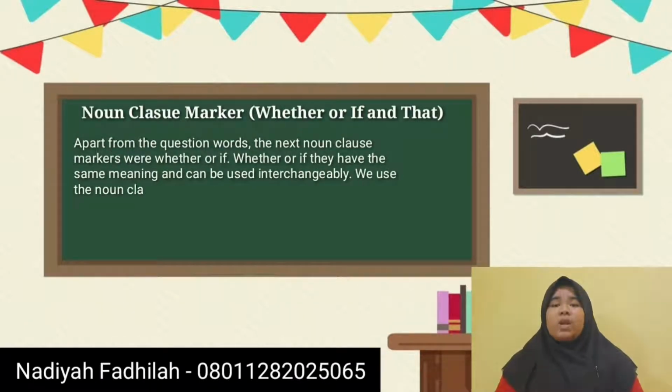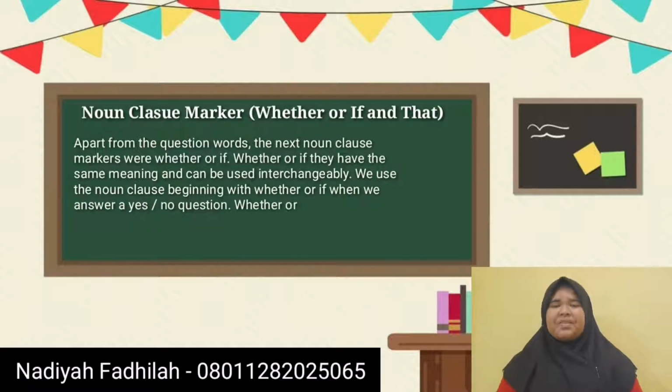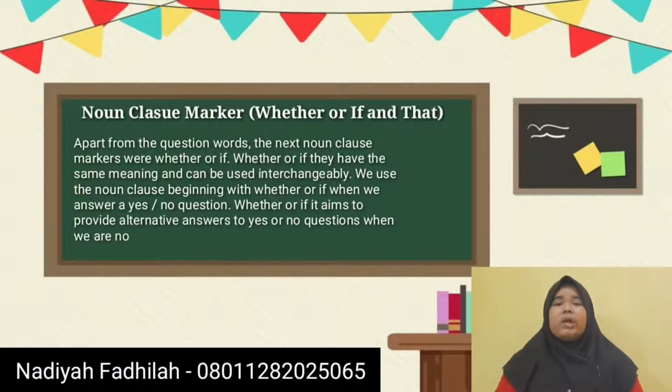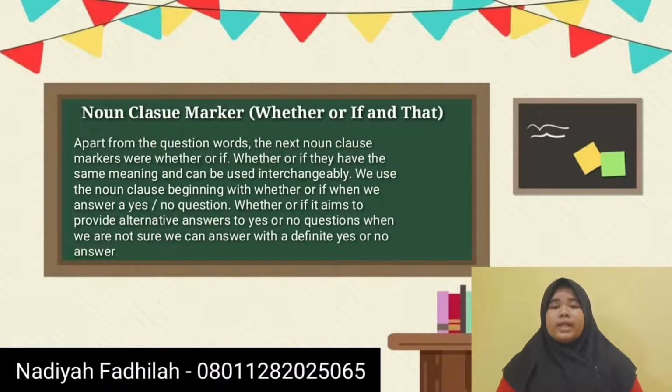We use the noun clause beginning with whether or if when we answer a yes or no question. Whether or if aims to provide an alternative answer to a yes or no question. When we are not sure, we cannot answer with a definite yes or no answer.